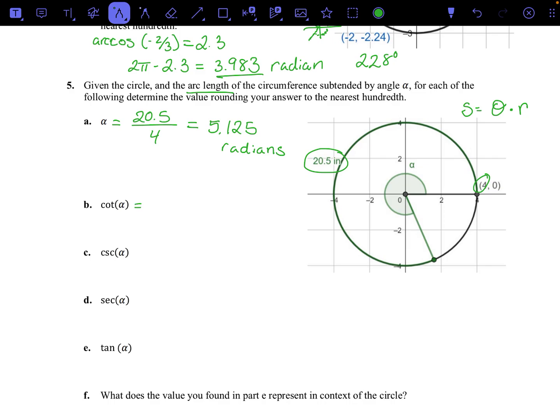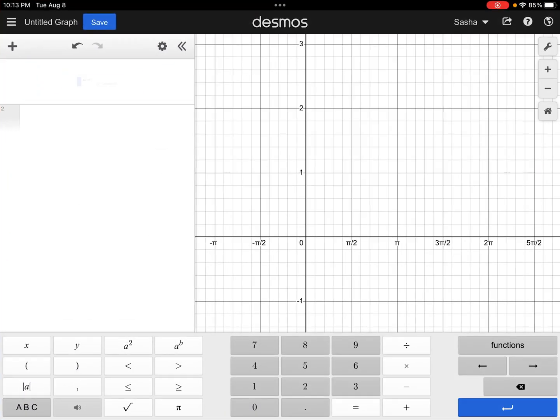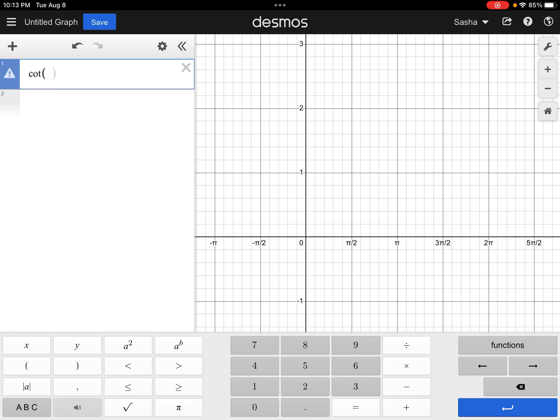So for cotangent, I would do cotangent of that radian measure. And if we are dealing with Desmos, which I hope you are using, you should be able to use all of these trig functions. They're all right here. So we have cotangent, and we can type 5.125.